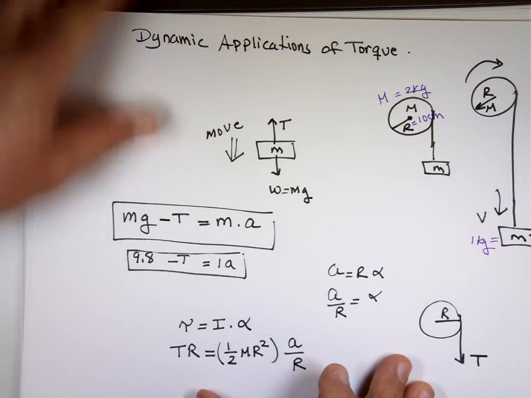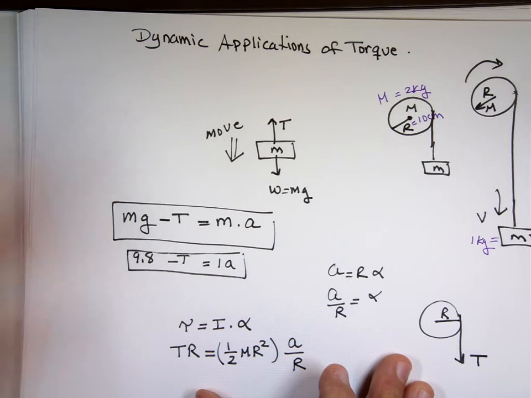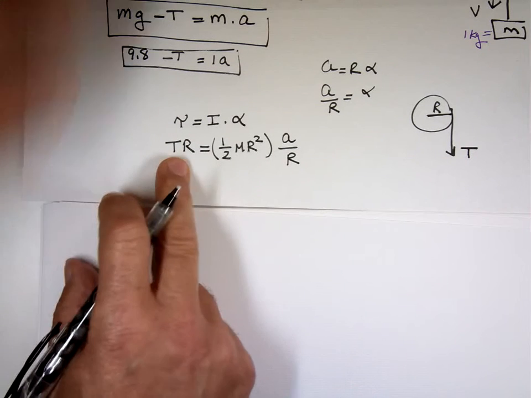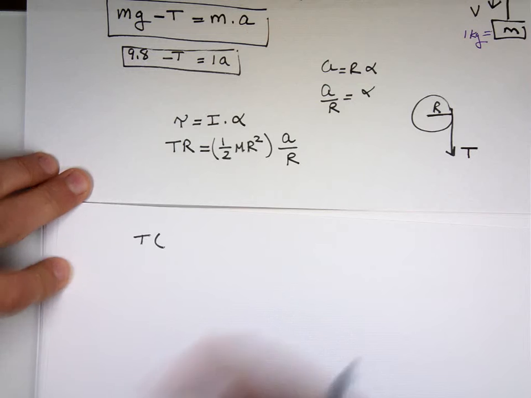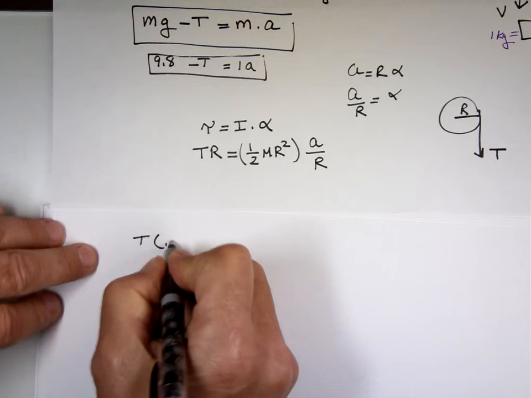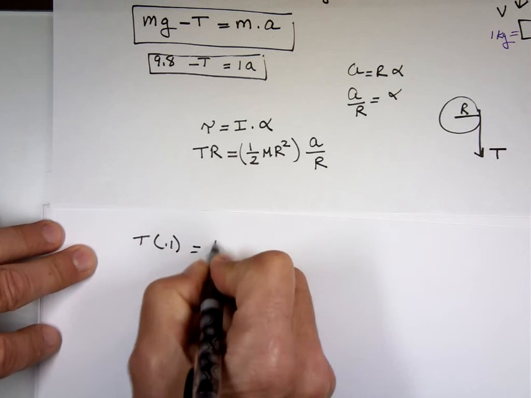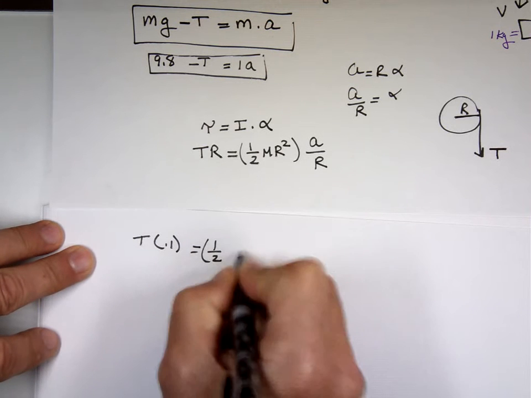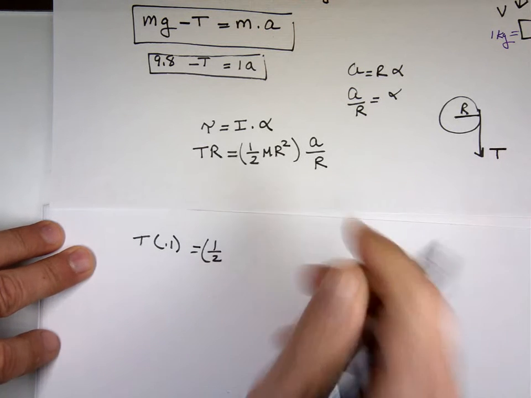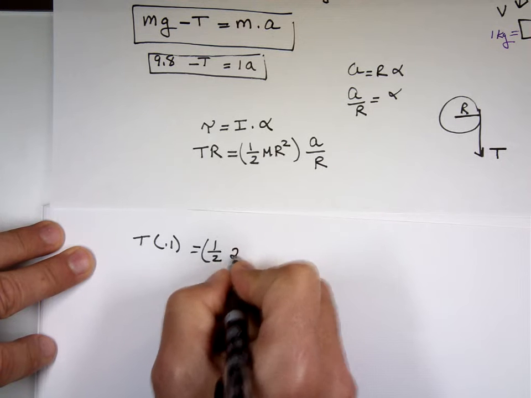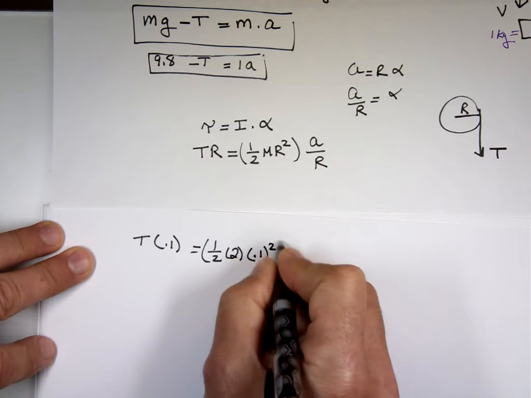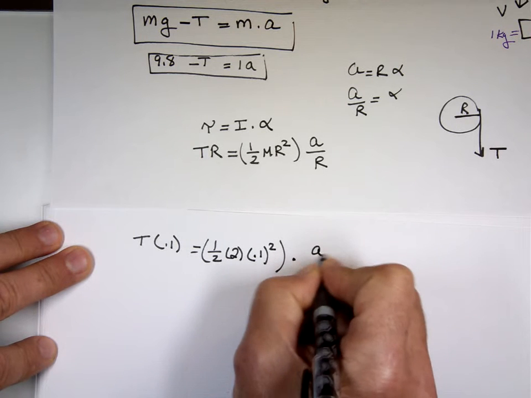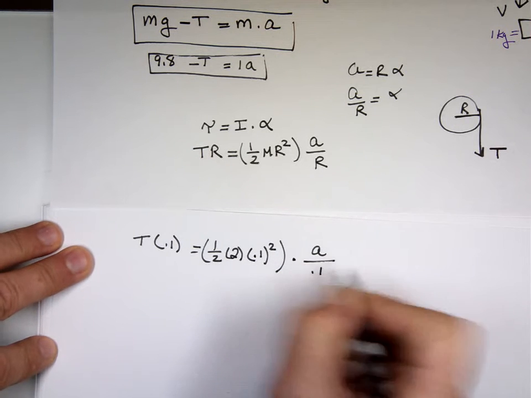Let's plug in the numbers. The tension is unknown. R is what? For that example, 10 centimeter, which is 0.1 meter, equals 1/2 the mass of the pulley, that's 2 kilogram, times R, 0.1 squared, times A divided by R, which is 0.1.